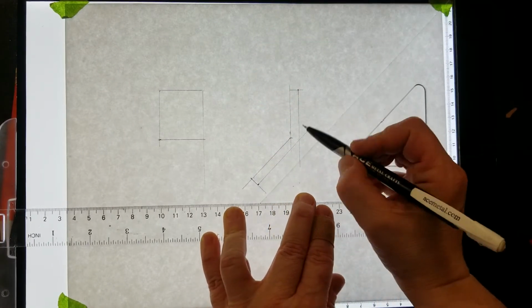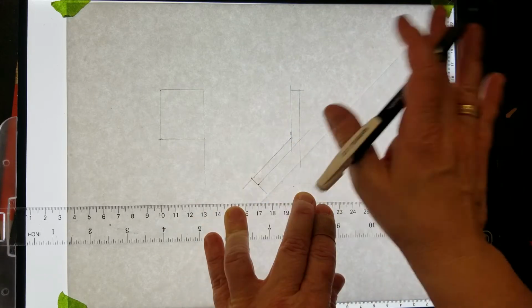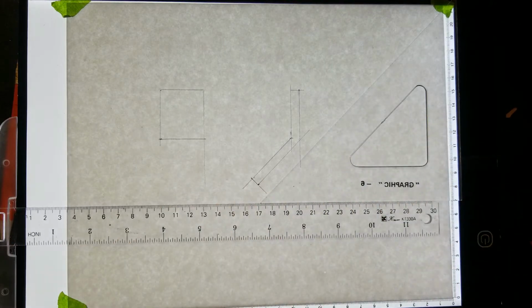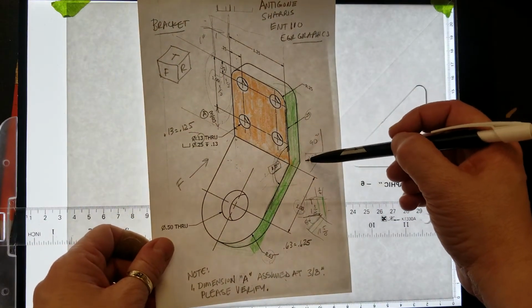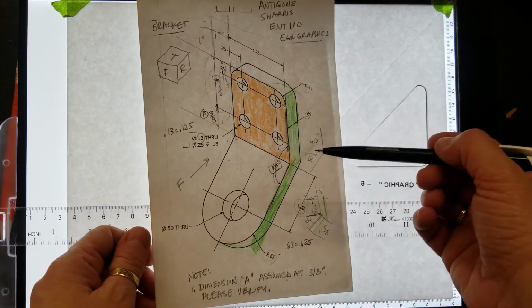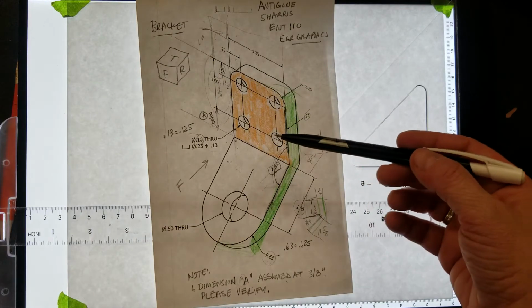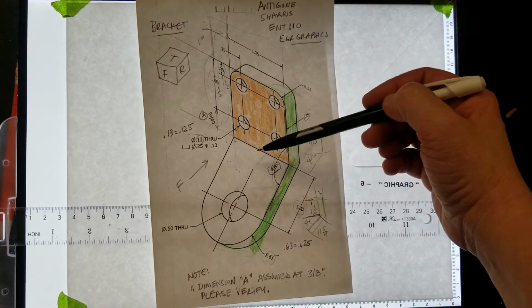Okay, now you notice I didn't care where they connected in back. X marks the spot, literally, right there. Why? Did the customer tell us how long the back wall was? No. So the customer doesn't care about the back wall. In this customer's case, the only thing they care about is where these holes are located, because they didn't even tell us how big this front wall is.